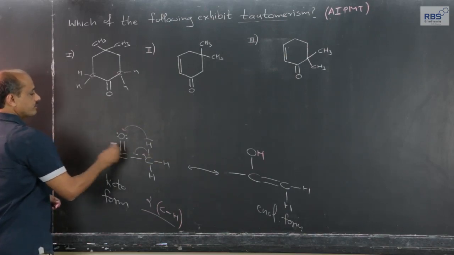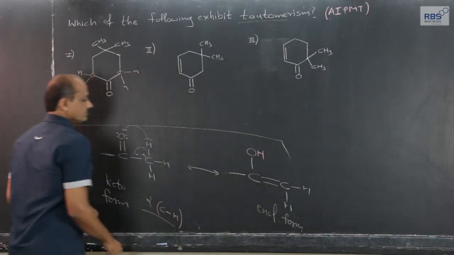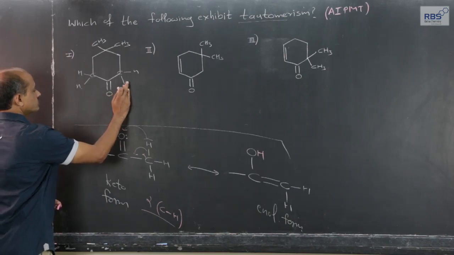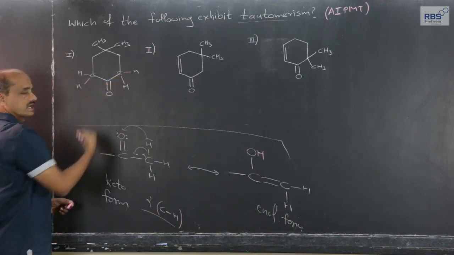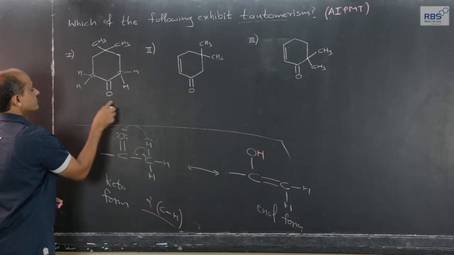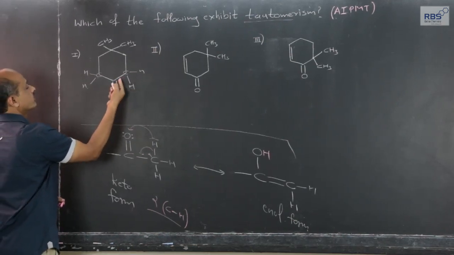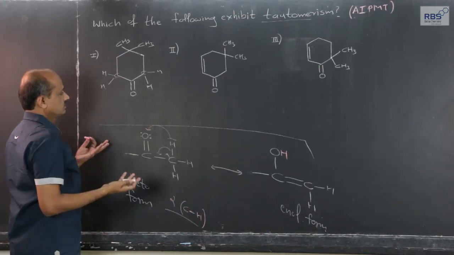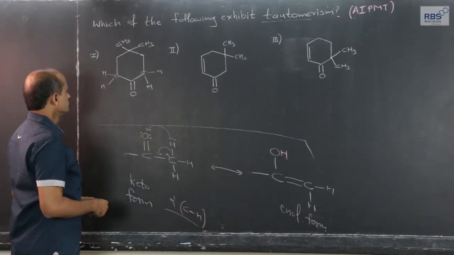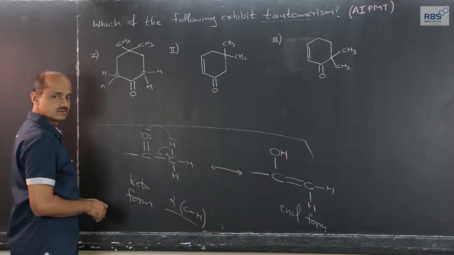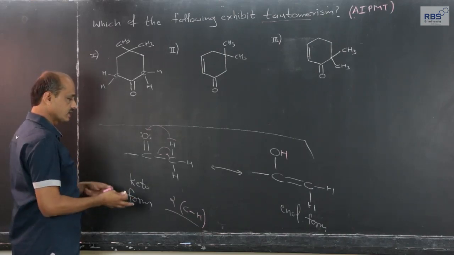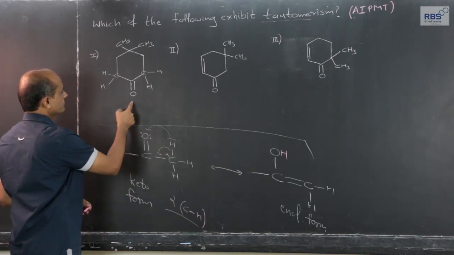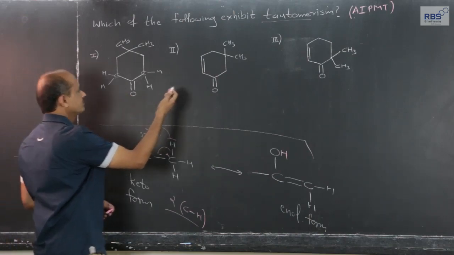And therefore, for this type of enol formation, hydrogens are available, at a time one hydrogen will get switched over to this oxygen, and a pi bond will be formed between these two carbon atoms, giving rise to tautomerism. Tautomerism is a general terminology, and under that we are considering the specific keto-enol tautomerism.